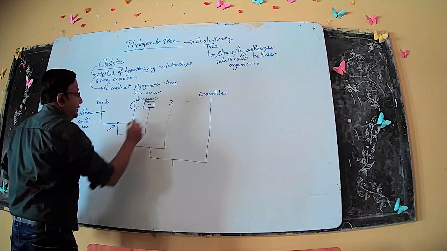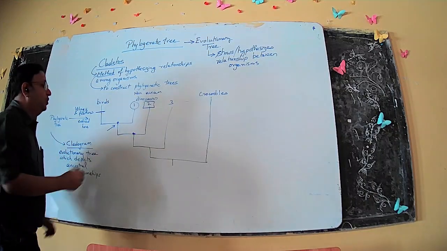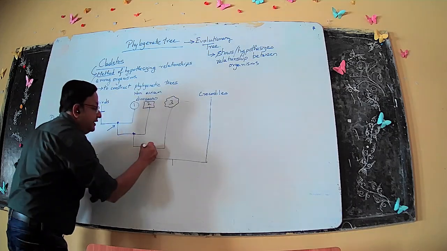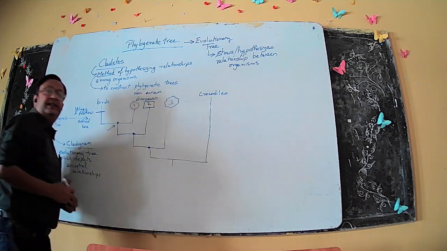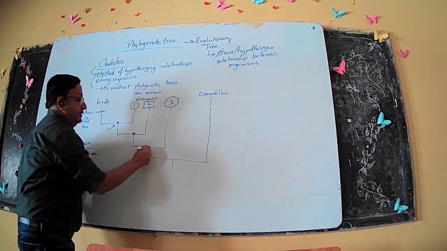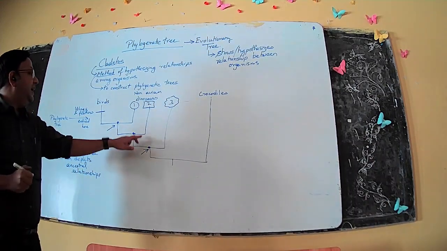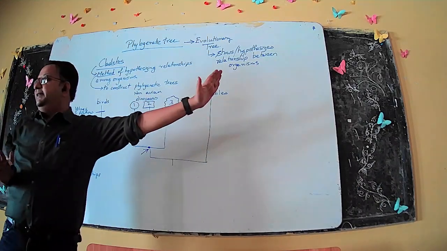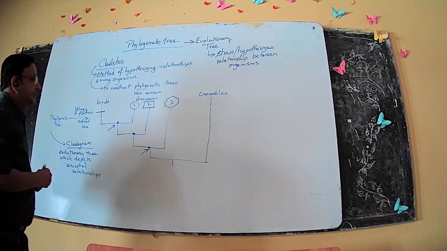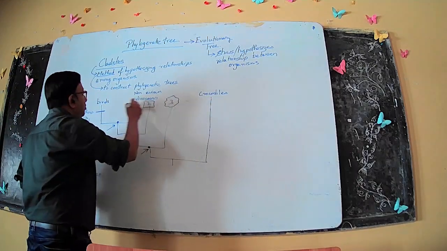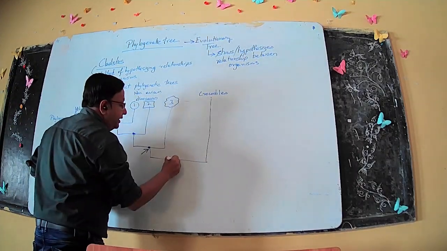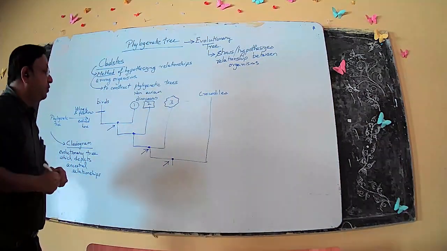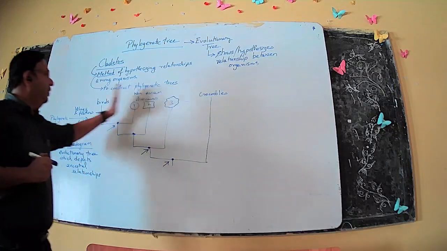Then birds and dinosaurs 1, 2 and 3, they had a common ancestor over here. Some mutation came and they became separate. And all of them, 1, 2, 3 and birds, had one common ancestor. Some mutation took place, and crocodiles became different from all these.